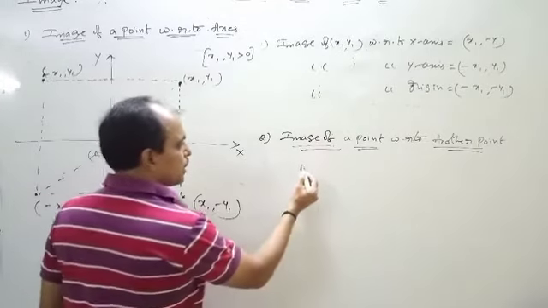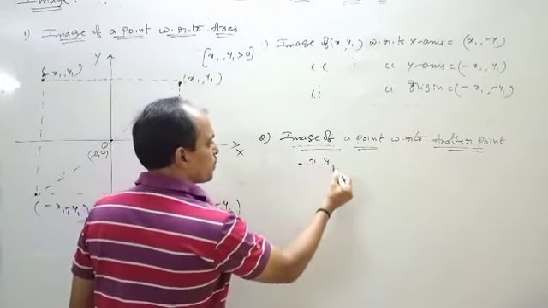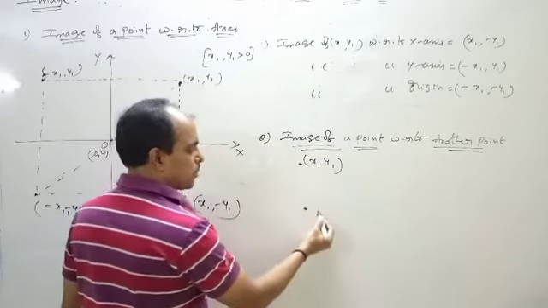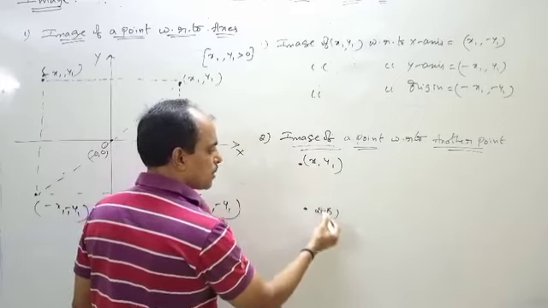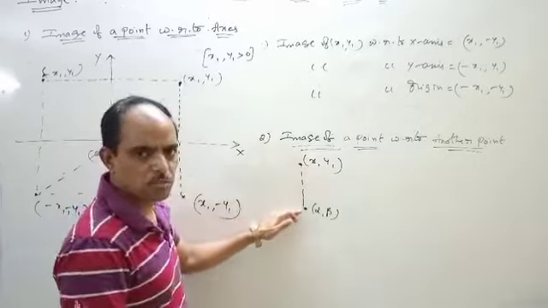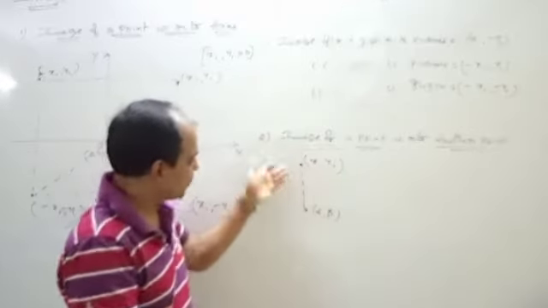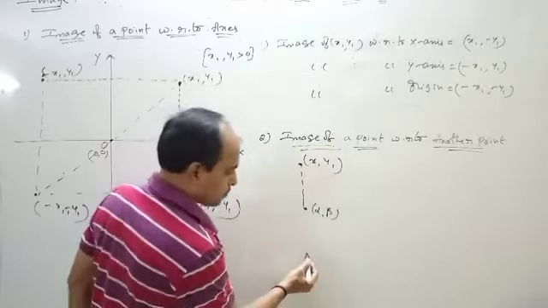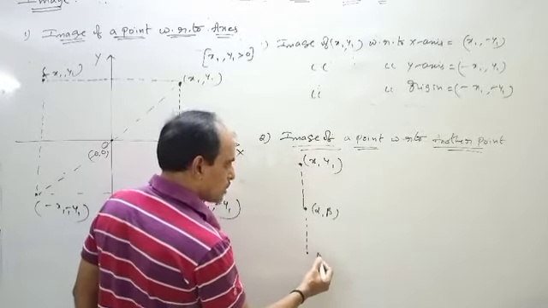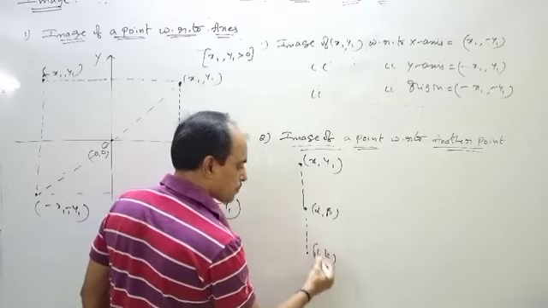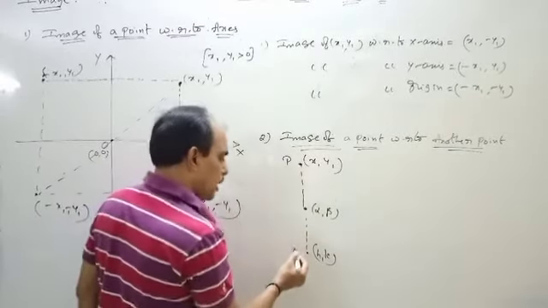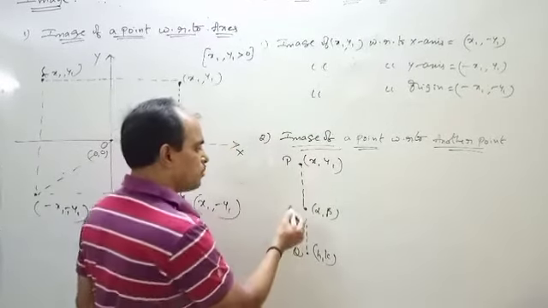In the same way, here is a point x1 y1, and here is one more point, let us suppose alpha beta. What about the image of this point with respect to this point? This one acts as a mirror. Then where will that point come? It comes here. Let us suppose this is h comma k. For these, let this be p, this be q, and let it be r.